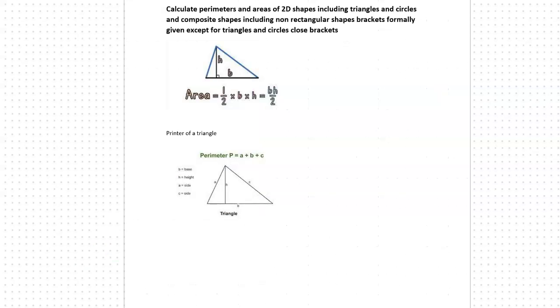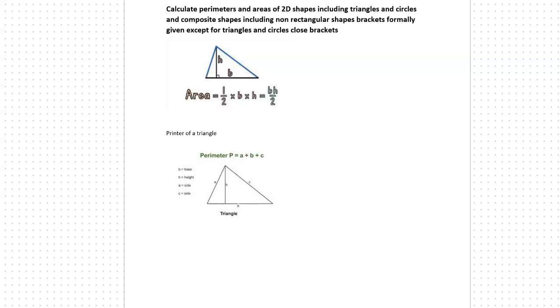Calculate perimeters and areas of 2D shapes, including triangles and circles and composite shapes. Composite shapes are shapes that are mixed together. At level 2, if you have a question on this, it will probably be a composite shape, including non-rectangular shapes; formulae are not formally given for triangles and circles.